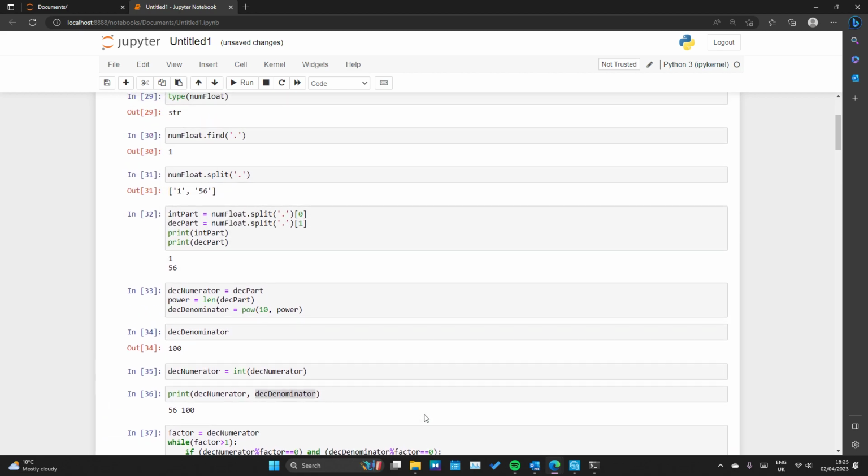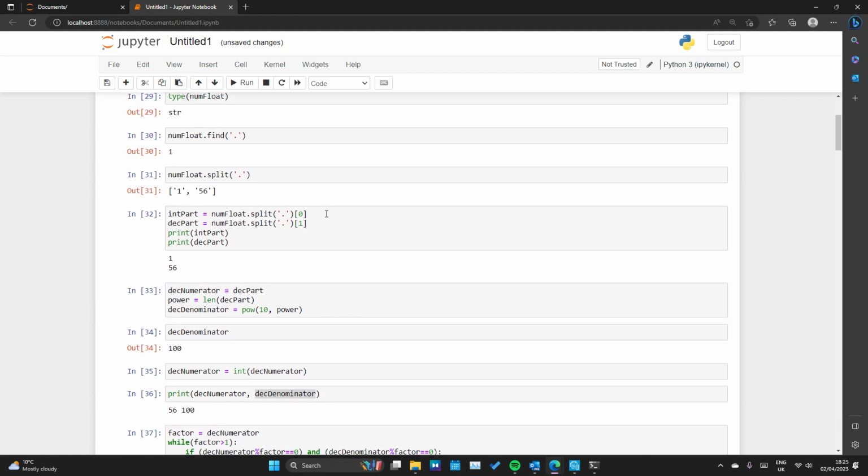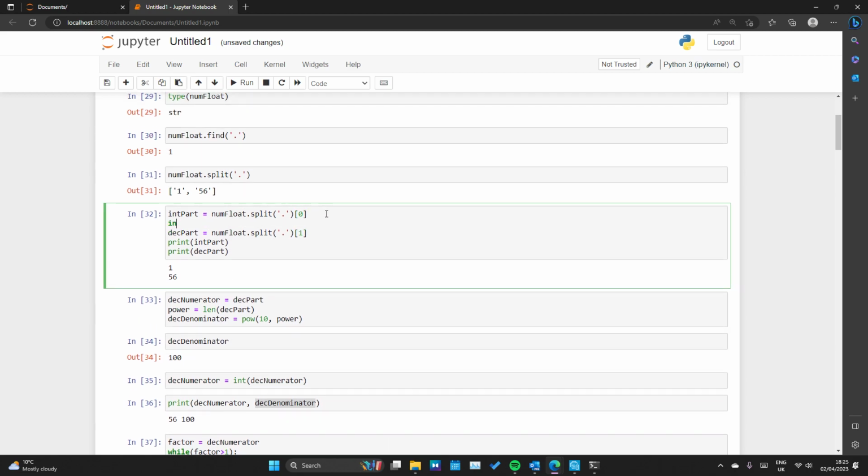Now remember, int part I never converted into a number, right? So what I'm going to do is convert int part into an integer right here. I will just take the number and convert this using int method. I will just convert the data from float to integer.